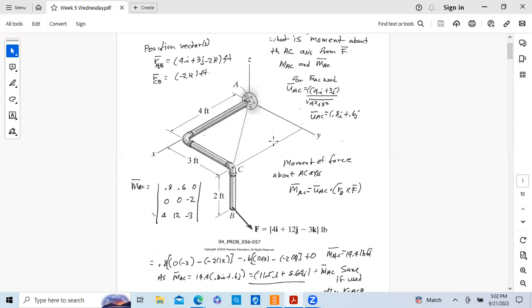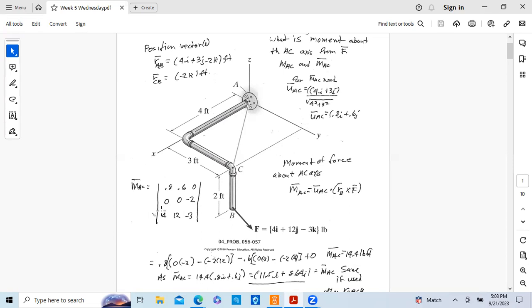Here it is right here: 0.8, 0.6, and there's no K, so it's 0. The position vector, we chose this position vector to be just minus 2K.